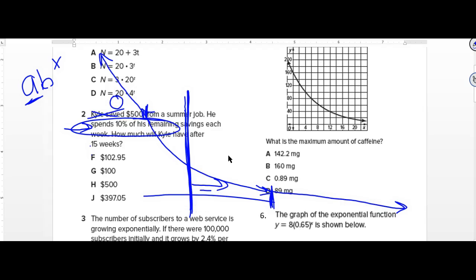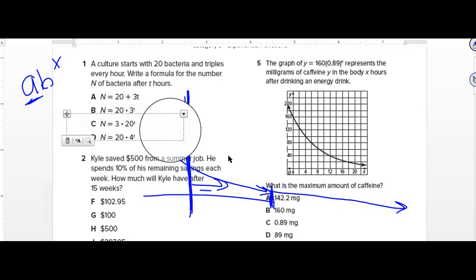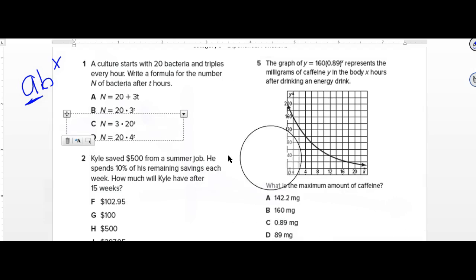Number 5, they give us a graph of caffeine from a drink. Your body is processing this caffeine x hours after you drink it. I can tell from this equation that it starts with 160 milligrams of caffeine, and the growth rate is 0.89. That means my body is able to process out 11%, because 100 minus 11 is where they got 0.89.